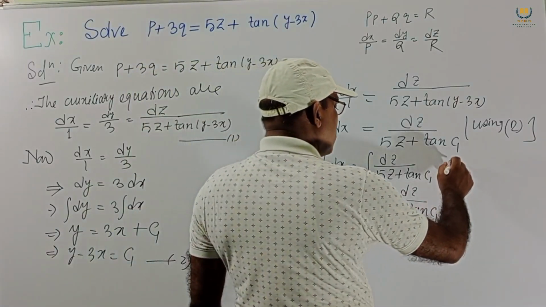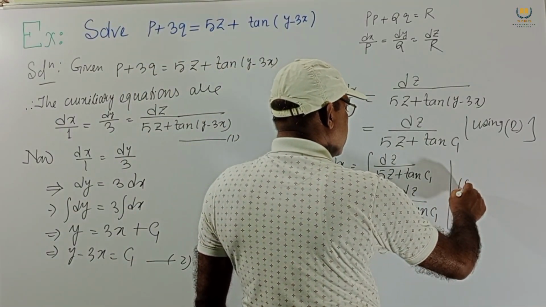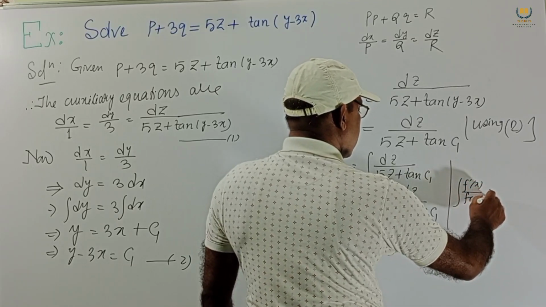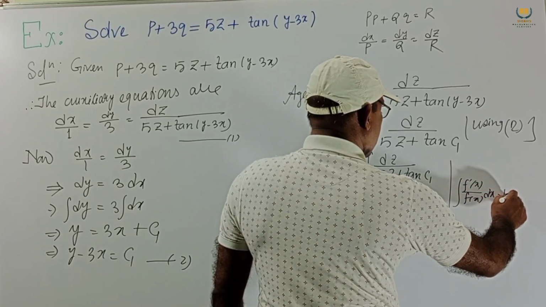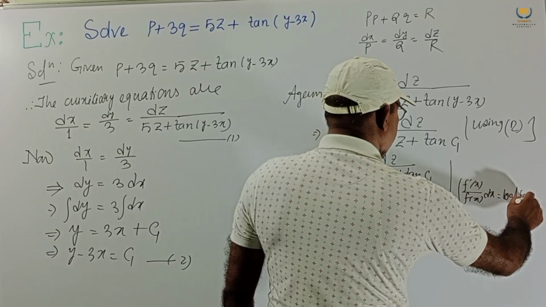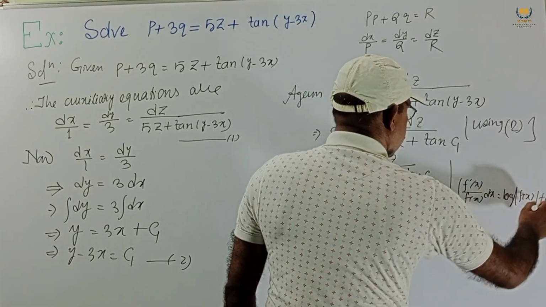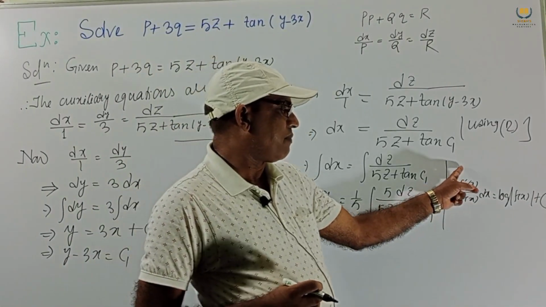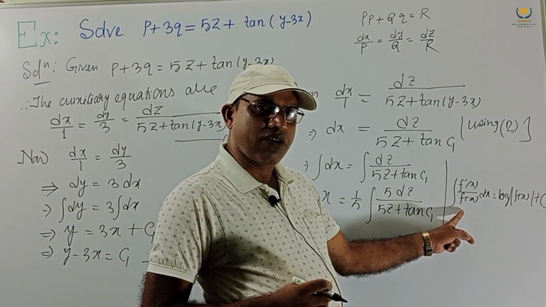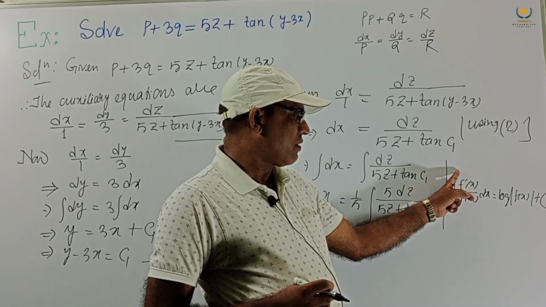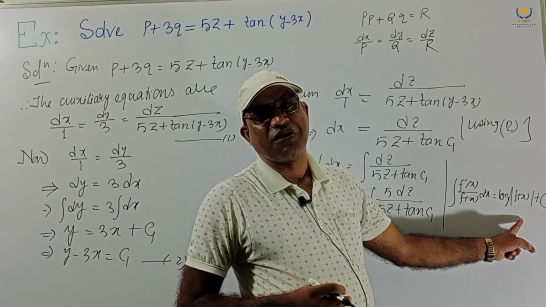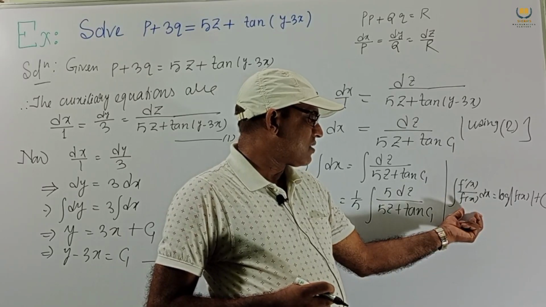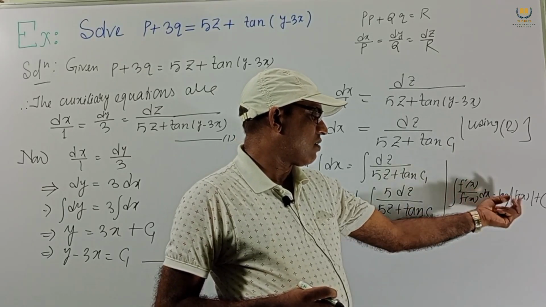But actually we know this formula: integration of f dash x by fx dx equals log modulus of fx plus c. If we differentiate fx, we get f dash x. If the differentiation of the denominator is given in the numerator, the answer is log of the denominator. If I repeat, if the differentiation of the denominator is given in the numerator, the answer is log of the denominator.